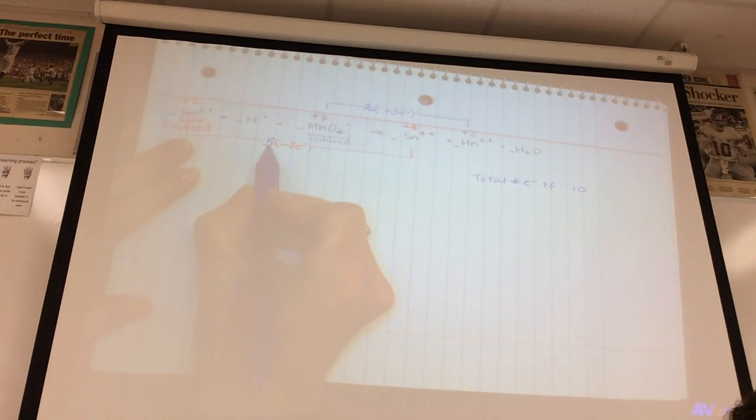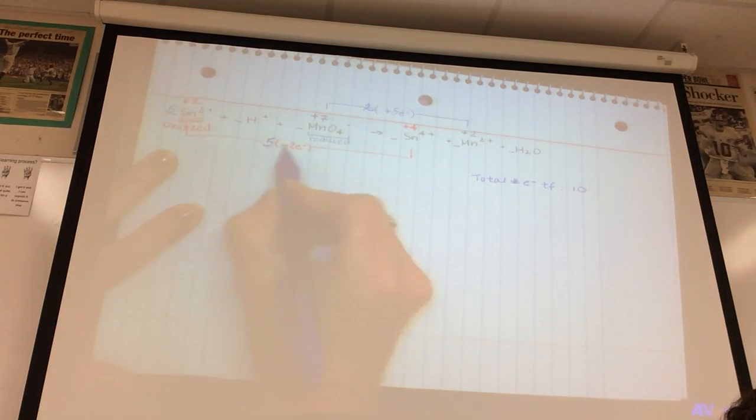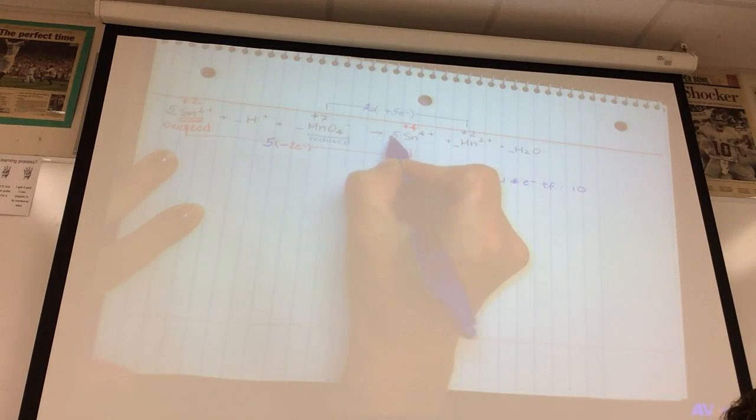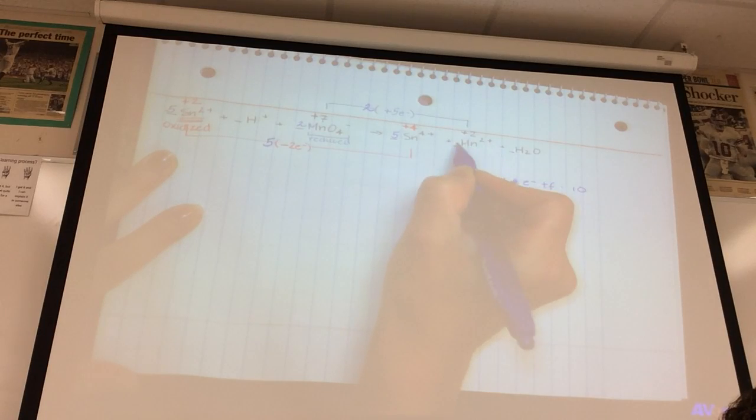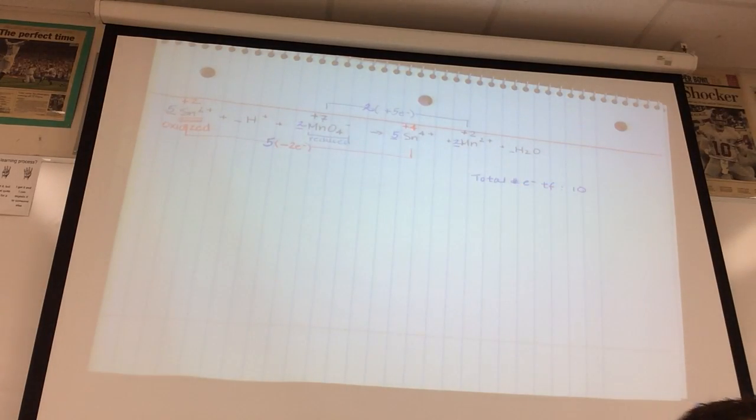When I multiplied this by 5, this is why I like the lines. I trace, I pop a 5 in, I trace, I pop a 5 in, I trace, I pop a 2 in, I trace, I pop a 2 in. And now I've got 10 electrons transferred. This takes a little practice. I'm going to show you several examples, and if you spend the time practicing, you'll be golden at this.